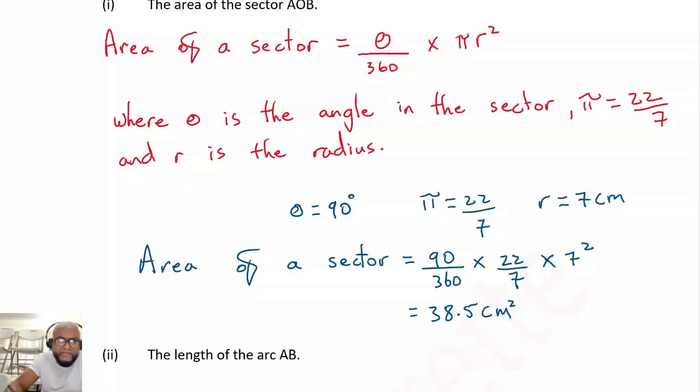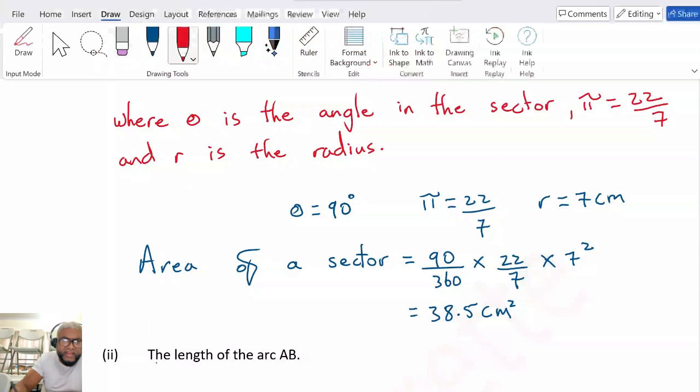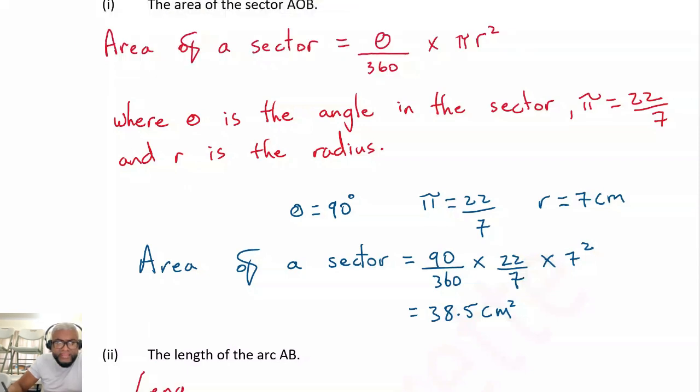You'll write down the length of the arc formula, right? So the length of the arc, which is a fraction of your circumference, will be equal to theta over 360 multiplied by 2 pi r.